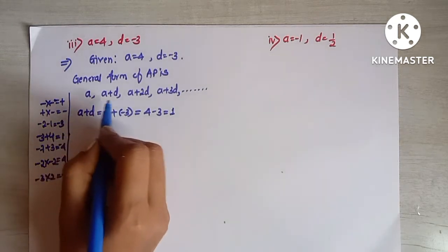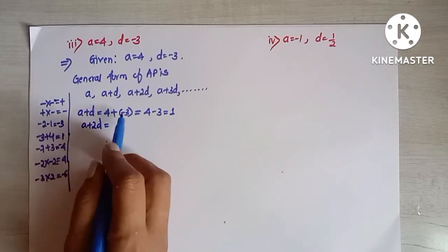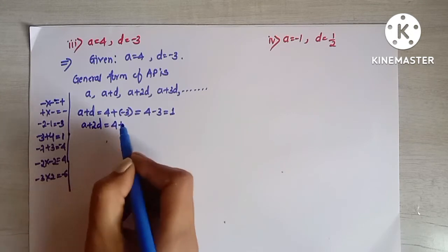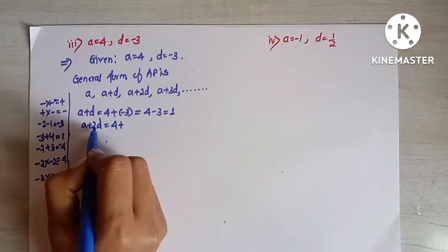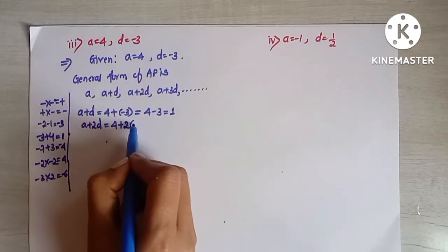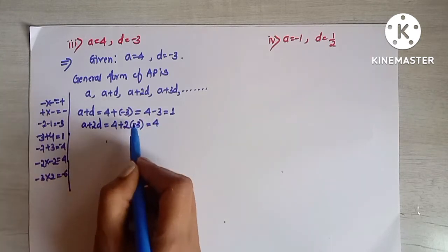Okay. So let us see what is a plus 2d. Substitute the value of a here. So a is 4, plus 2 as it is, and d is minus 3. We have to put a bracket. This will be 4, what is plus into minus?